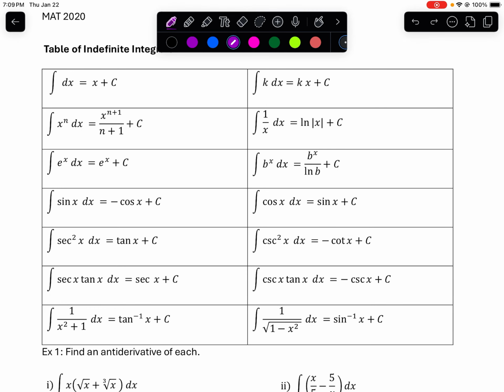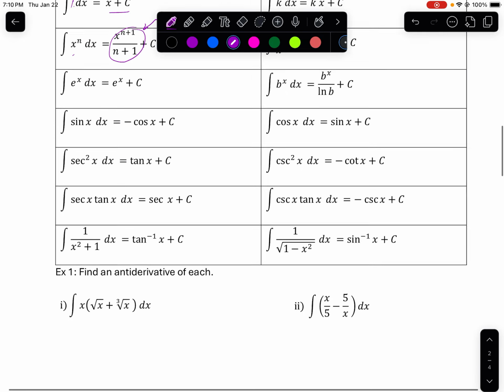Because remember, the integral of dx, which means the integral of 1 dx, is x. Why? Because the derivative of this will be 1. So that's how you can check. Now, the antiderivative of x to the n is this quantity. Why? Because if you take the derivative of this one, you will get x to the n. And in each case, that's how it is going to be.